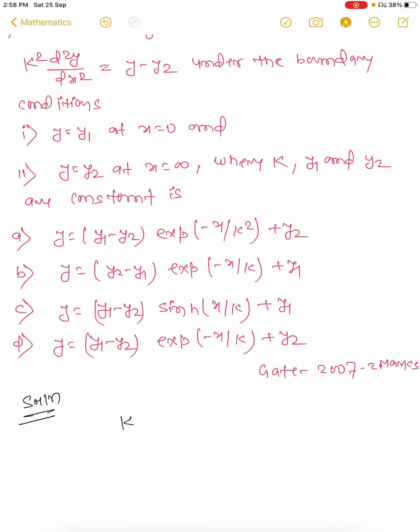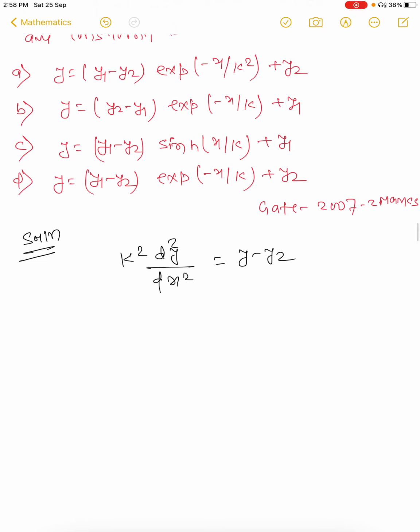Here it is given k square d2y by dx square equal to y minus y2. So d2y by dx square minus y by k square plus y2 by k square equal to 0.